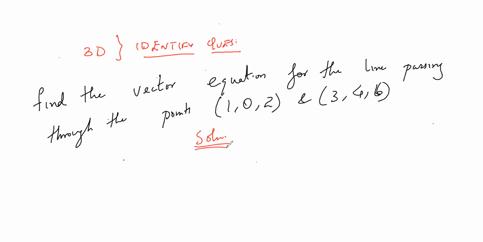Correct. So first thing we have to do is there are 2 points in this: 1, 0, 2 and 3, 4 and 6.